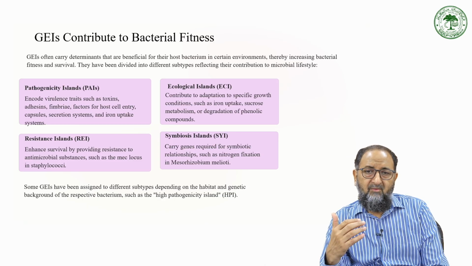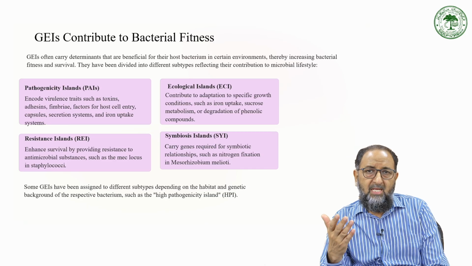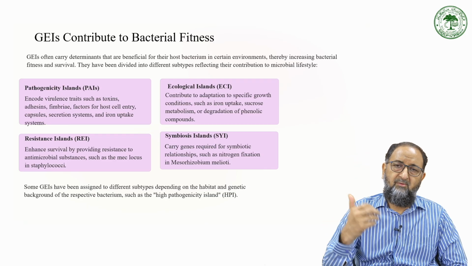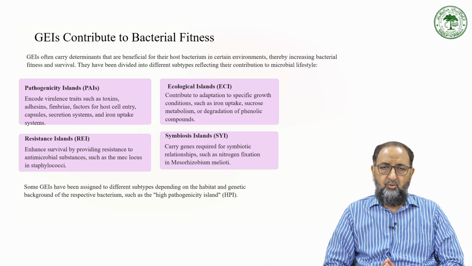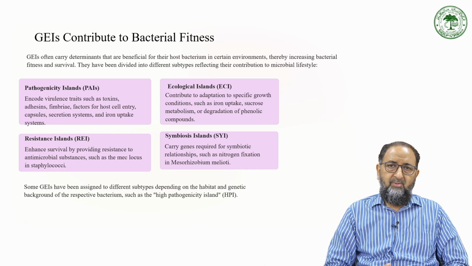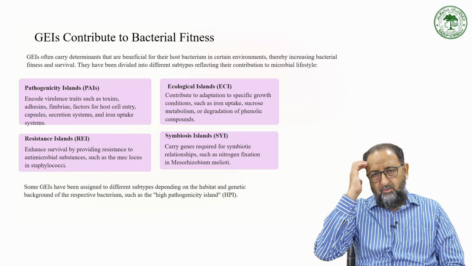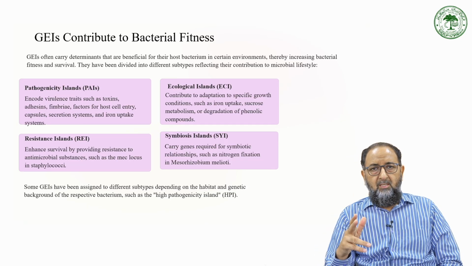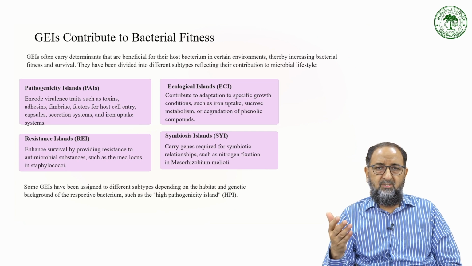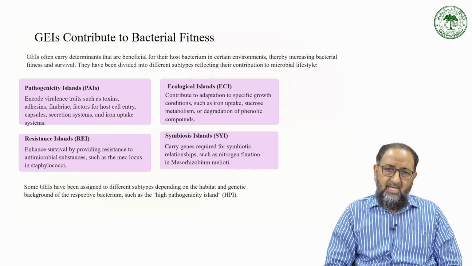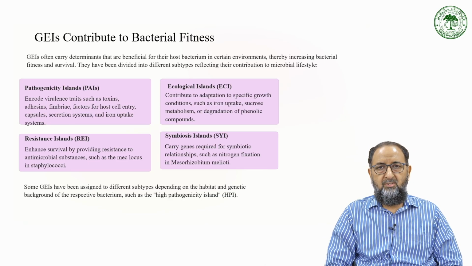They get food from the plant during nitrogen fixation, and they take nitrogen from the atmosphere and provide it to the plant. So plants are benefited, and these bacteria are also benefited. When two organisms benefit each other for survival, it is called a symbiotic relationship. And this relationship is governed by certain regions in the genome of the bacteria, which we call symbiosis islands.